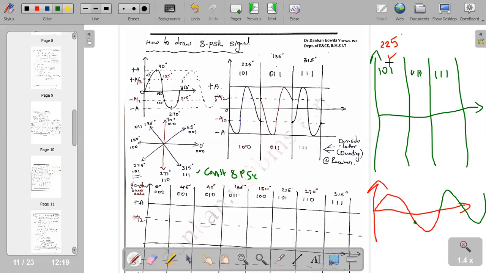So the 101 bit stream corresponds to a phase angle of 225 degree. Now I'll take it from minus A to plus A. This is plus A amplitude level, and this is minus A.